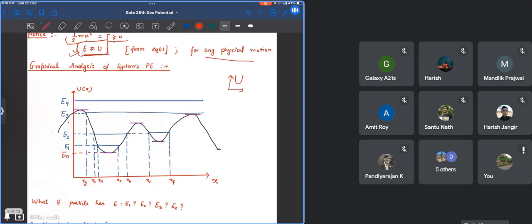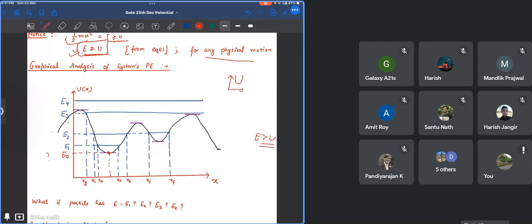You have to find out how the particle is going to behave at these positions. To calculate that, you already know that your energy has to be greater than the potential energy. So if your energy is E0, then your particle is going to move only at this position.